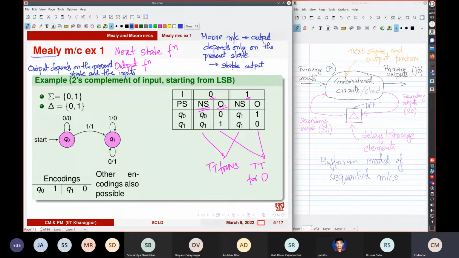But of course, it comes at a cost. It usually has more number of states for the same behavior. So we'll look at some examples of Moore machine as well.